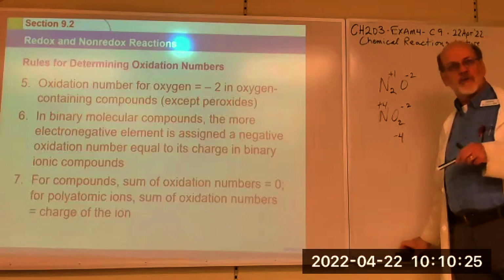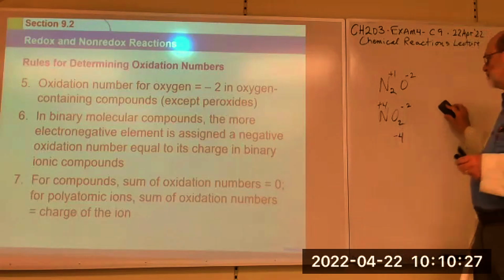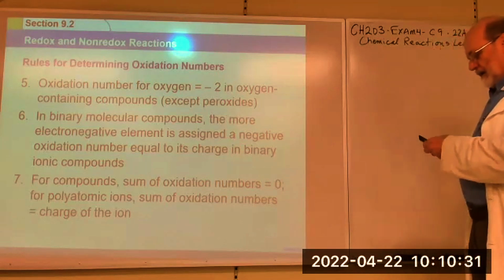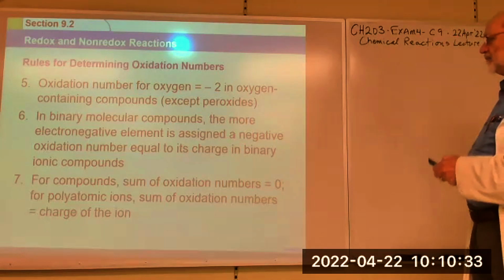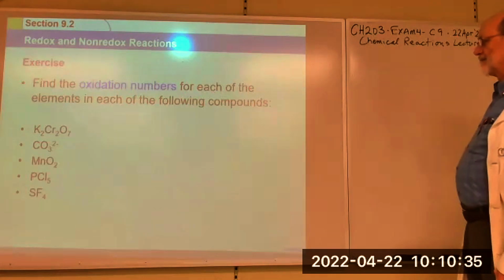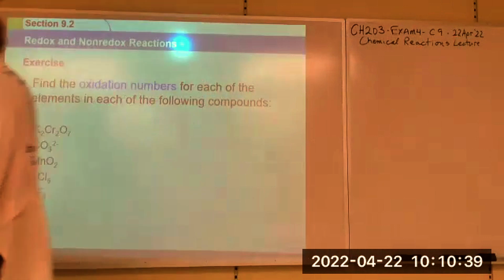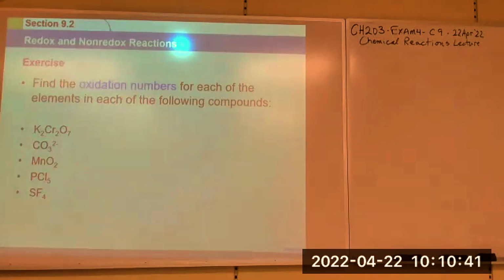And we'll do some examples where we have polyatomic ions. Okay, so we're going to do it right now, and deduce oxidation numbers for elements that are not included in the rule set.